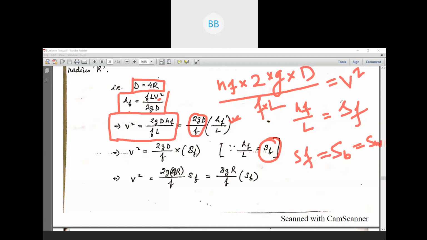So hf by L is friction slope, and you can also write bed slope, because in our case for open channel flow the bed slope and friction slope are the same. That is why, to bring Sf, we have used this formula, hf by length.